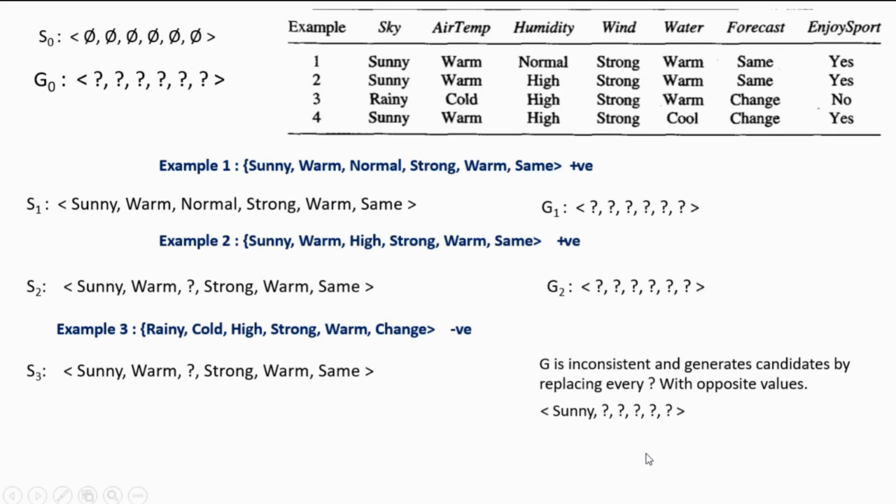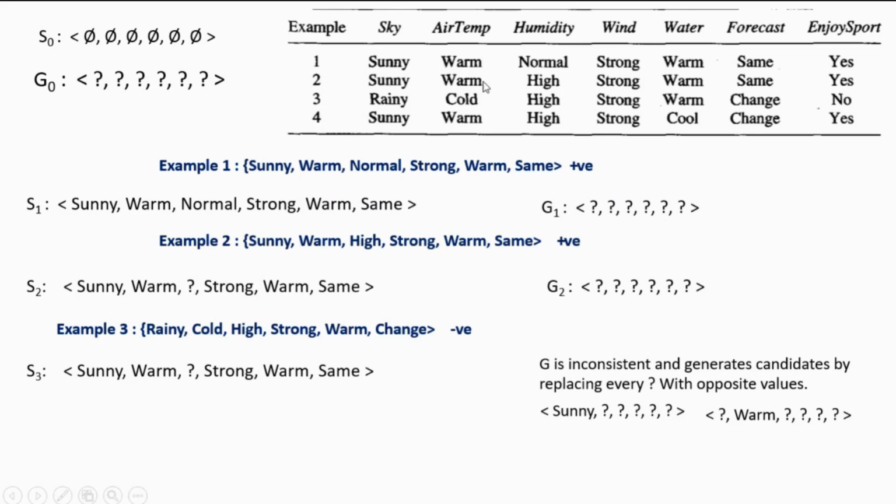Likewise, the first hypothesis we generate: the first question mark corresponds with the first attribute value, which is rainy. If you put the opposite value, that is sunny. So hypothesis candidate 1 is generated as sunny, with all 5 question marks. Next, the second question mark; in this example, cold is there.